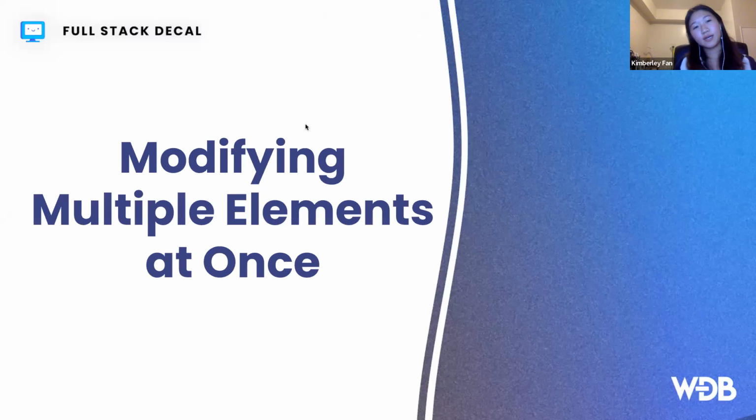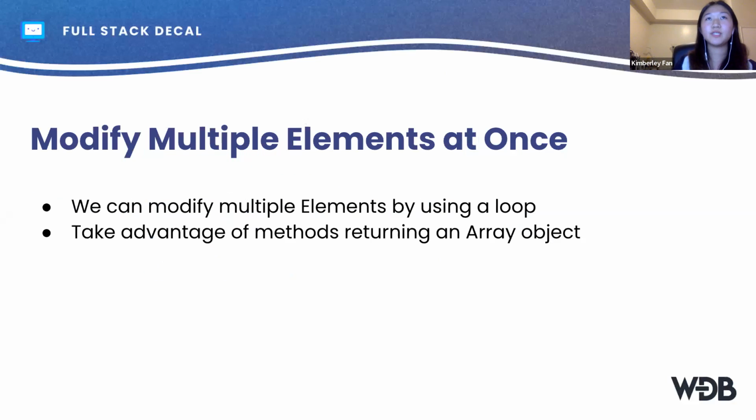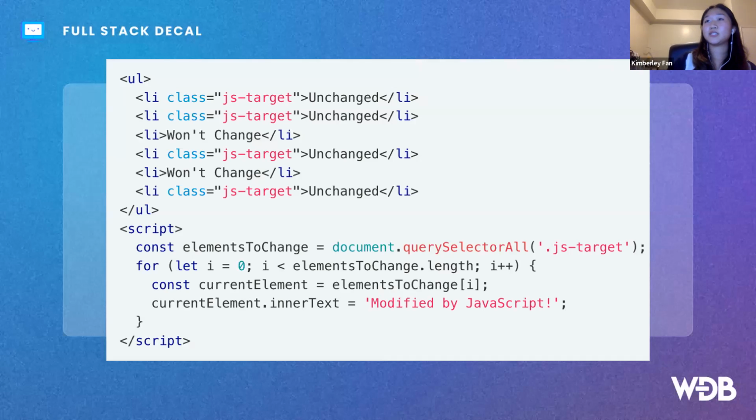So there is an idea of modifying multiple elements at once. Sometimes it's not just taking one particular element, you want to take multiple and change all those at once. So I kind of mentioned this earlier, but there is such thing as querySelectorAll. So we can use that to grab, for example, all of these classes over here.